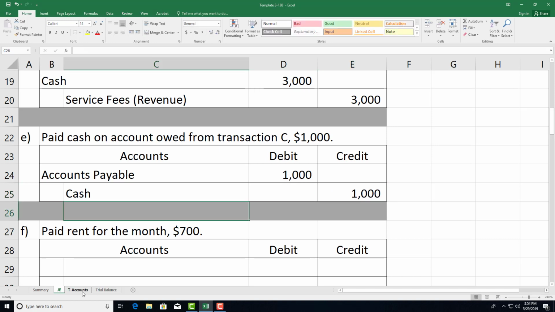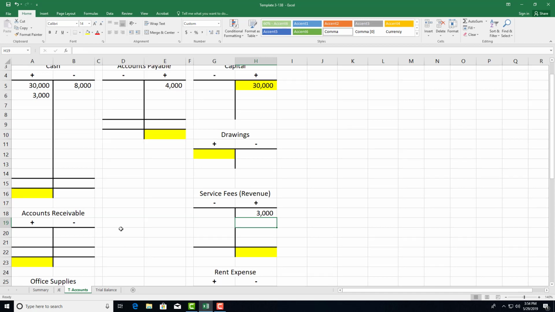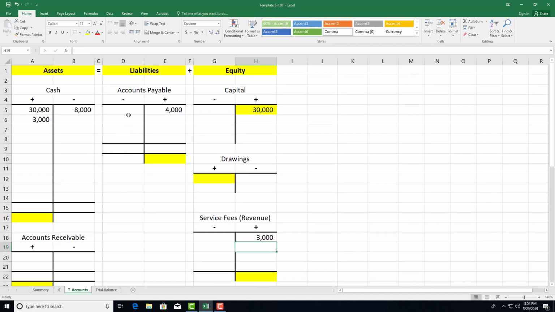And again, when I go over to the T accounts, I really want to think about, is this making sense? So accounts payable is debited for $1,000. Cash credited for $1,000. And again, that makes sense. My liability is going down and my cash is going down as well.